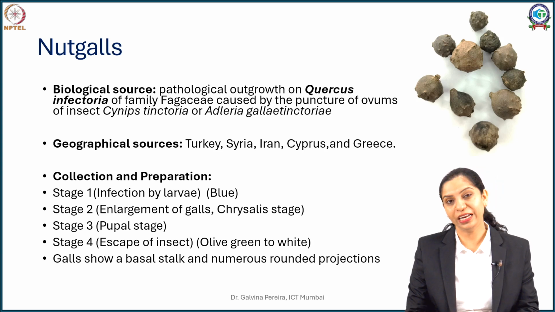Now geographically, this oak tree is found in Turkey, and Turkish galls are the most common ones in the market, but they are also found in Syria, Iran, Cyprus and Greece. Apart from that, if you see the nutgall market, you also come across certain Japanese and Chinese nutgalls. So what are they?